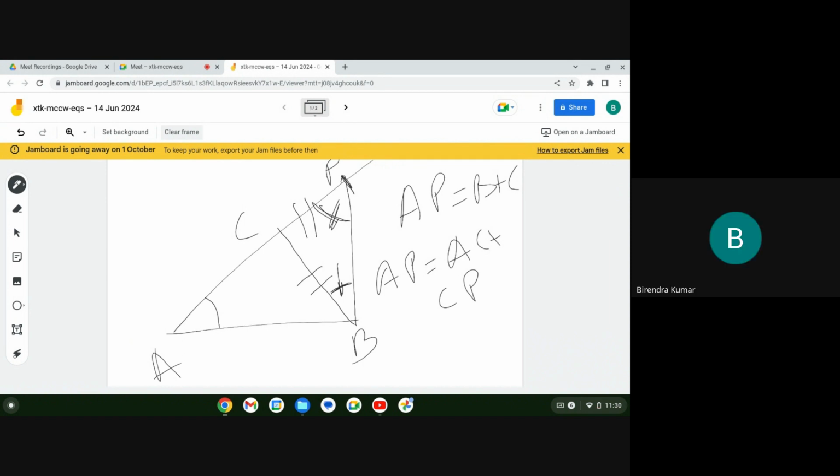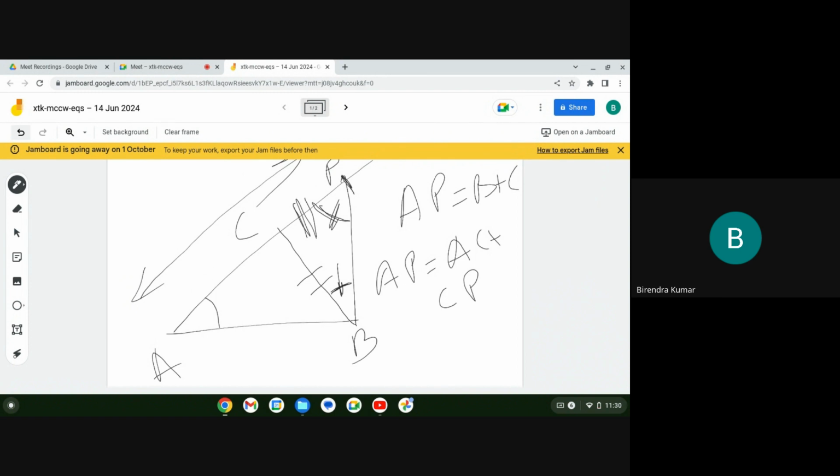AC plus CP. This part plus this part. So far so good. I'm just saying that this line segment is the sum of this plus this. You agree? Now look a little deeper into it.